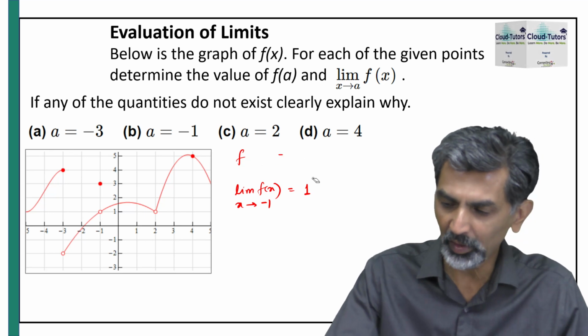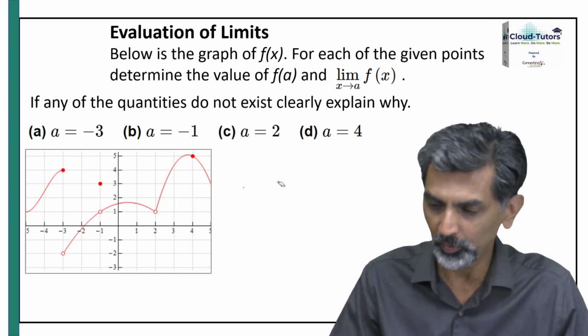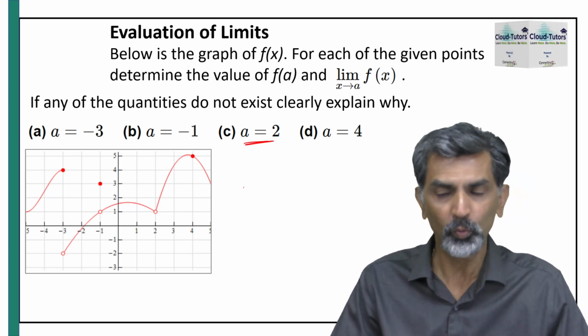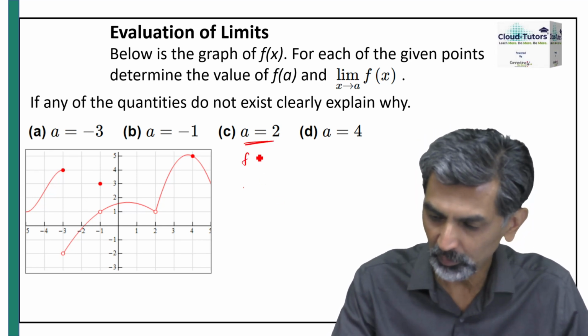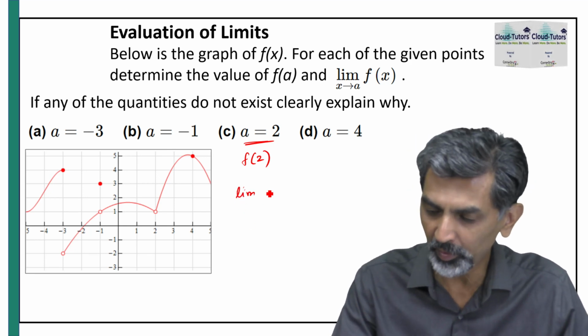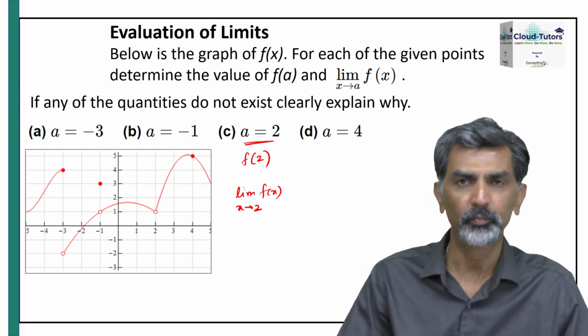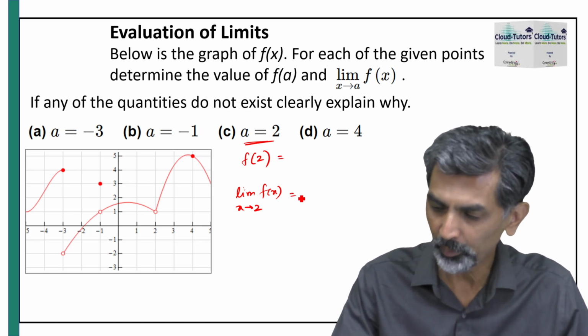This is the second possibility, also illustrated in this graph. Now let's look at what else can happen. Let's look at the third value of a and see what's possible. Now we are talking about a is equal to 2, and so we need to find f of 2, and we also need to find the limit of the function as x approaches 2. And let's see what happens here.